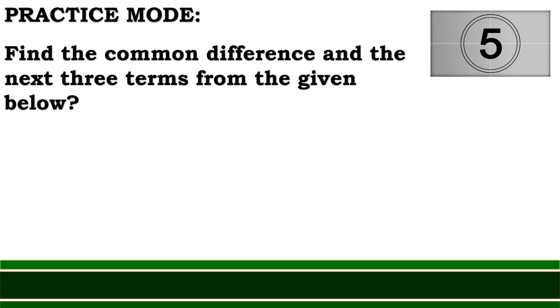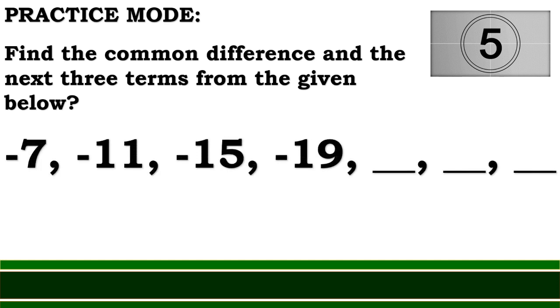Okay, here's another one. Find the common difference and the next three terms from the given below. You have negative 7, negative 11, negative 15, and negative 19. So what will be its common difference and the next three terms for this sequence?